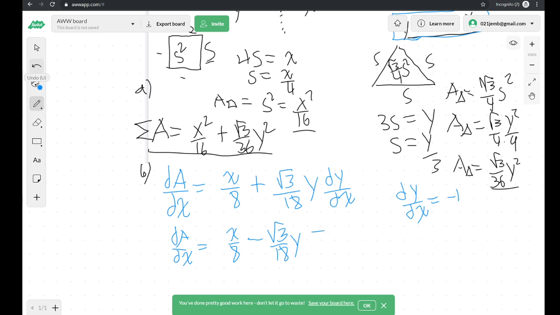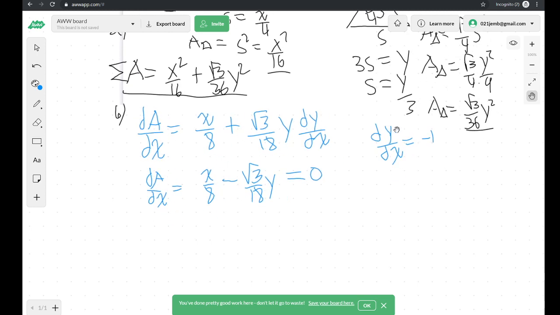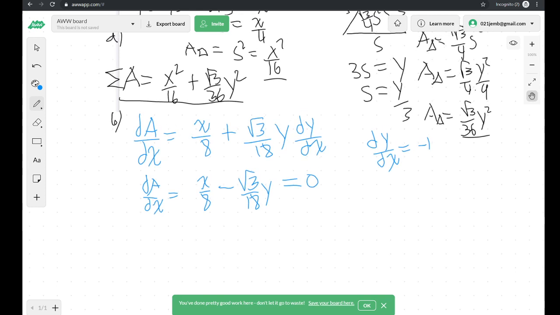And then if we set this equal to 0 in order to find the critical points, then we can solve it in terms of x as well. So we have x equals 8 radical 3 over 18 times y.